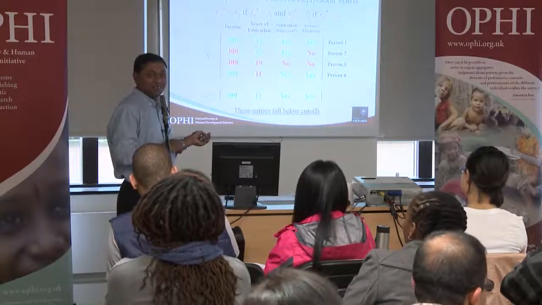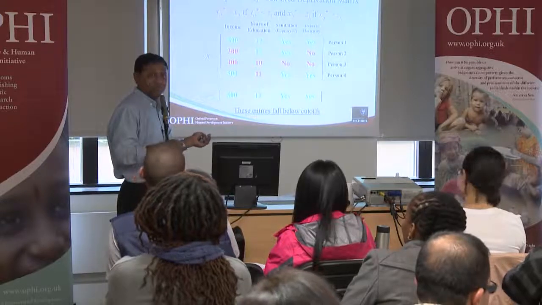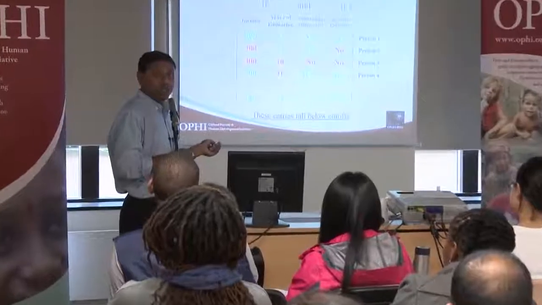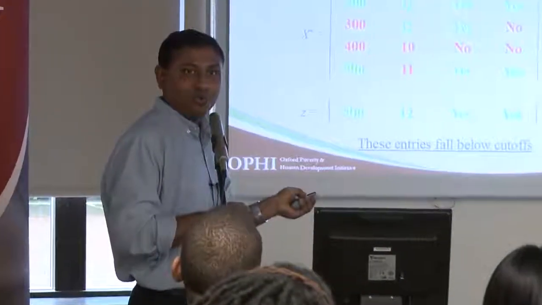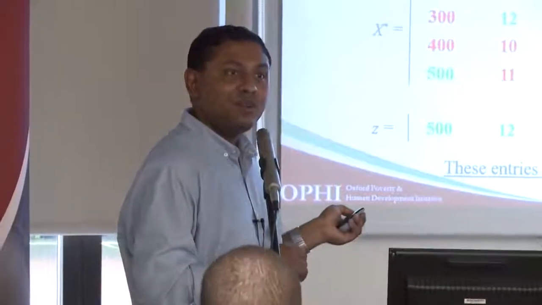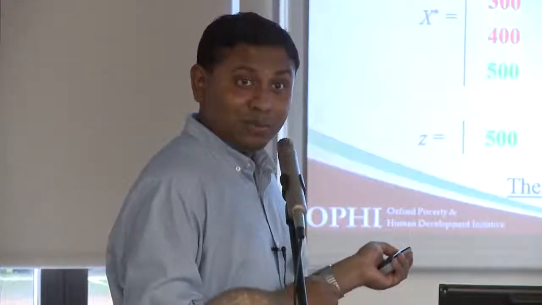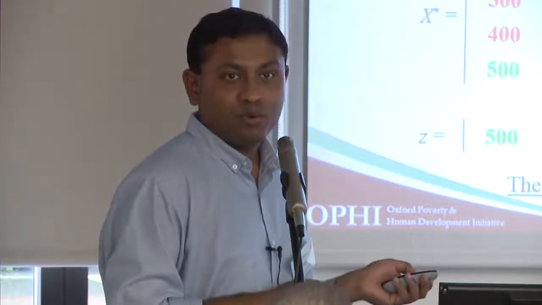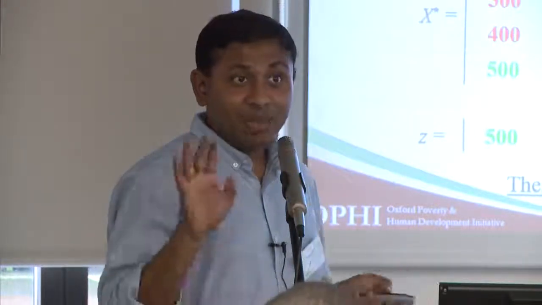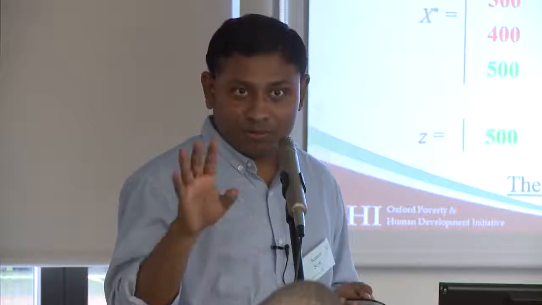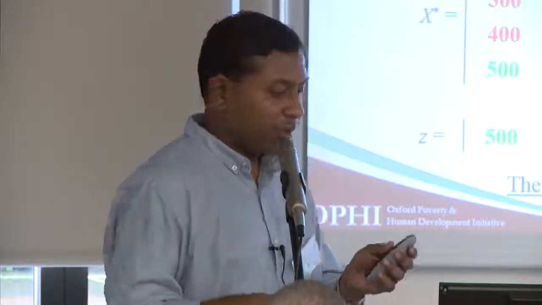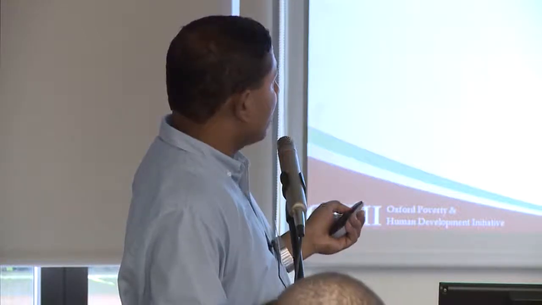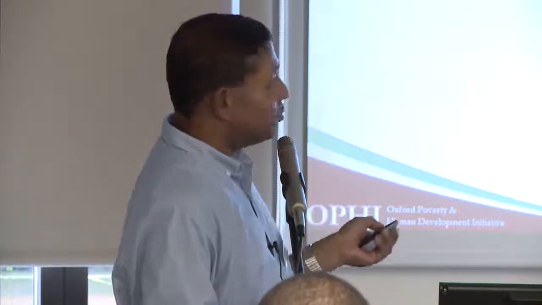When Sabina's method with James is introduced, then you will see how this information is used to identify those who are poor. Okay, but the main idea is that first you identify the deprivations, and then use these deprivation informations to identify the poor. I gave you examples like union, intermediate, but you will see them tomorrow in a better way. The other type of approach to identification is called the aggregate achievement approach.